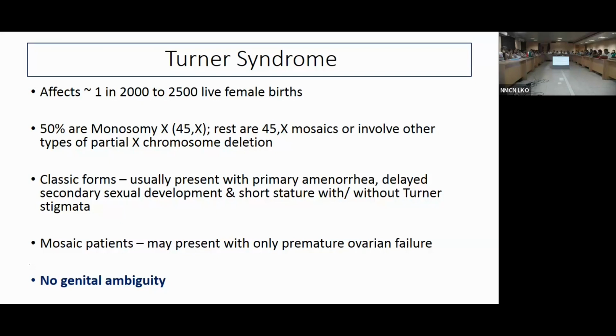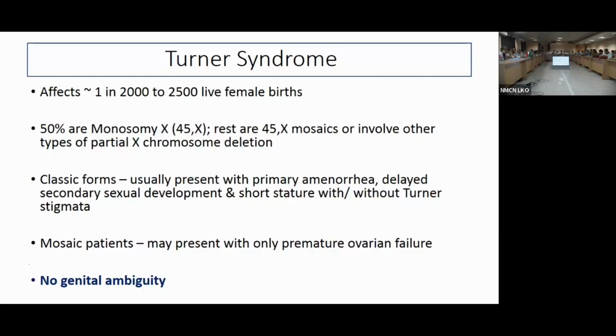Of course, the Turner stigmata that we are all very familiar with may not always be present in all affected individuals. Mosaic patients can have a very variable phenotype depending upon the proportion of cells which have the normal chromosomal complement. Some of them may present with only premature ovarian failure and nothing else. They may have normal height and initially normal secondary sexual development, and subsequently go on to have premature ovarian failure.